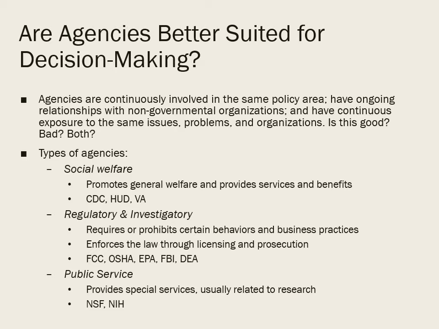Now, there are three types of executive branch agencies that we can split up by function. First, you've got your social welfare agencies, and these are tasked with promoting the general health and welfare by providing direct services and benefits to members of the public.